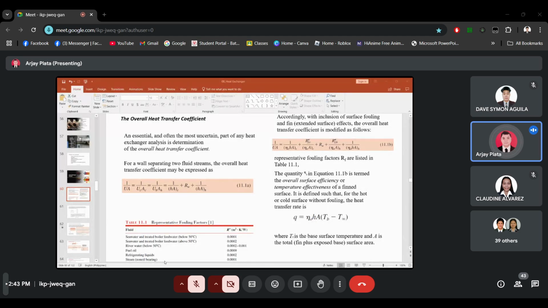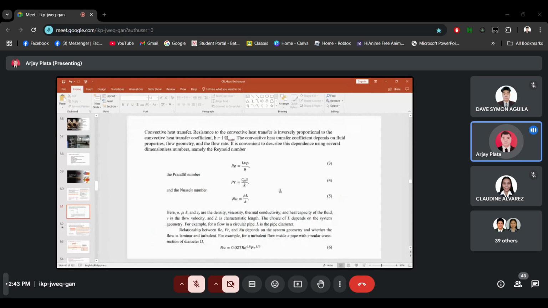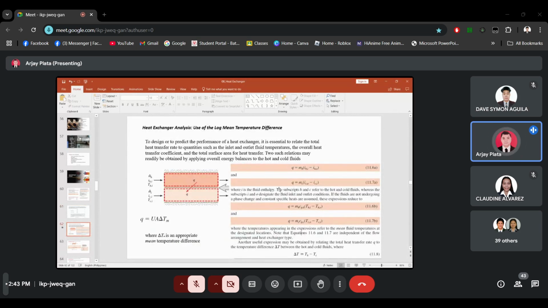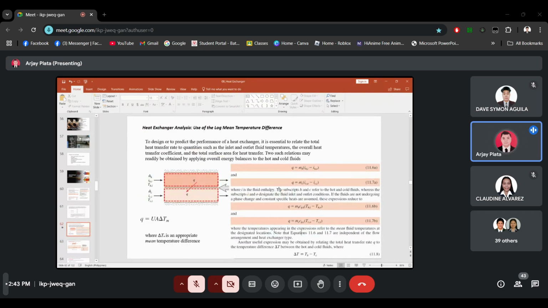After getting the value of h, we can determine the overall heat transfer coefficient U. Also last week, I think we solved example number 1 after discussing the log mean temperature difference. So we solved a sample problem.